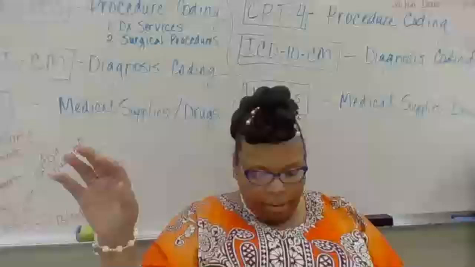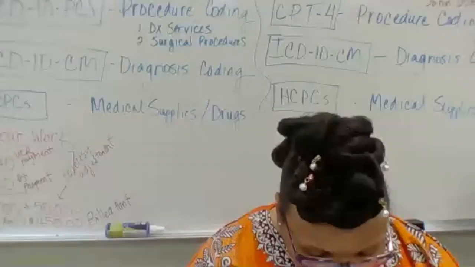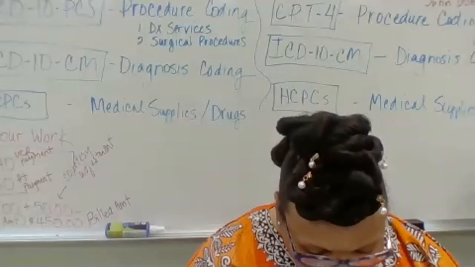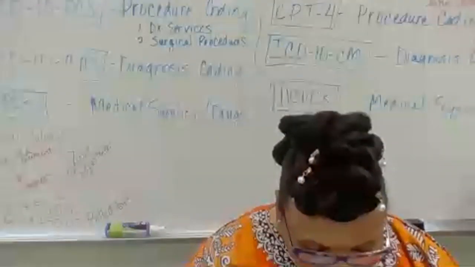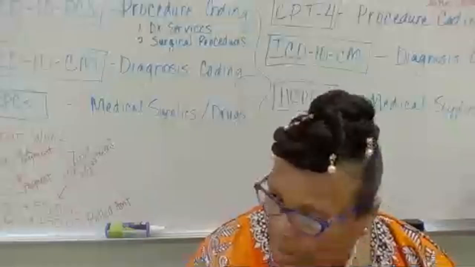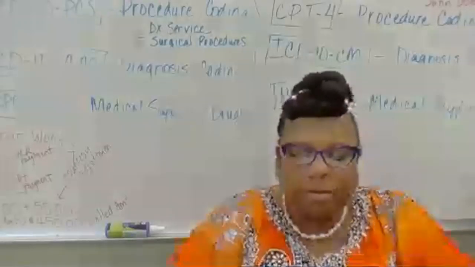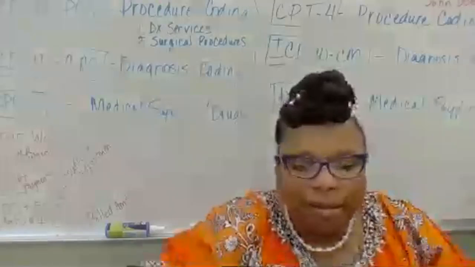Contract amounts that are given by an insurance company. And you're going to go to the end. What was the payment? Instead of zero, you're going to put $87. Does everybody see that?